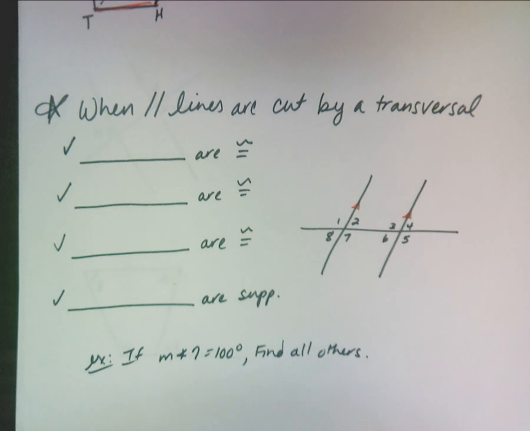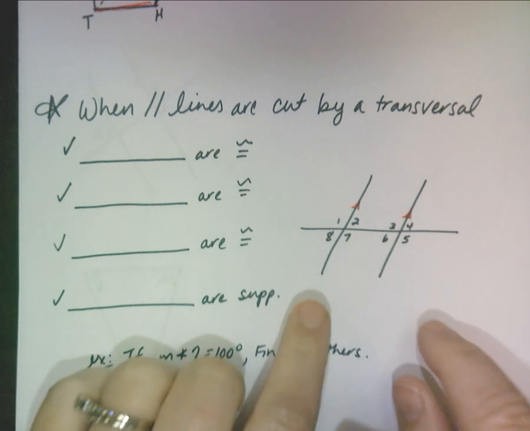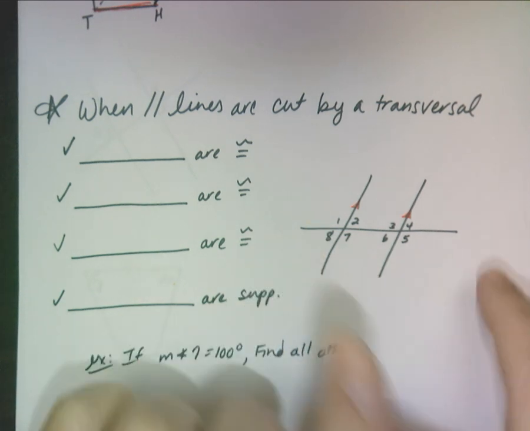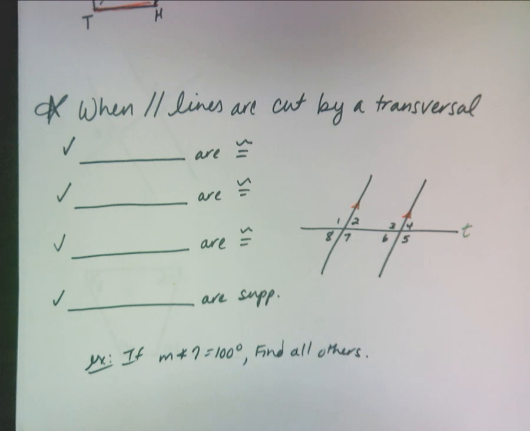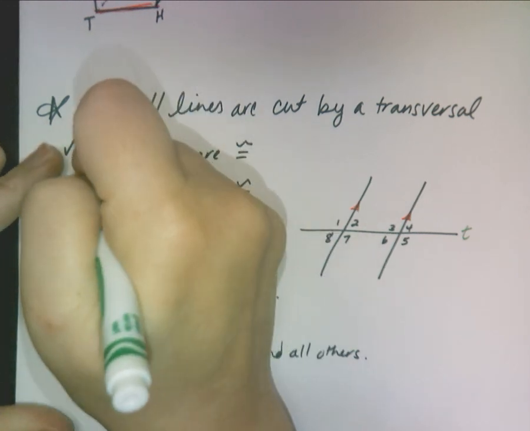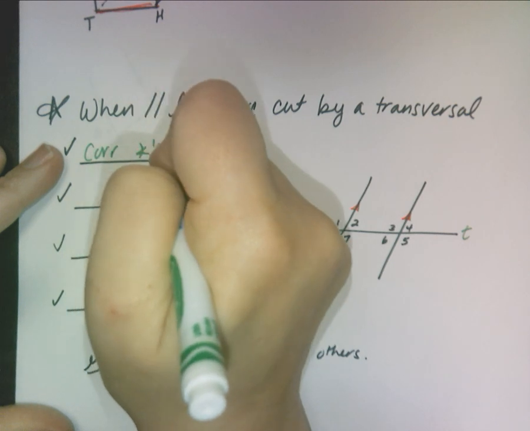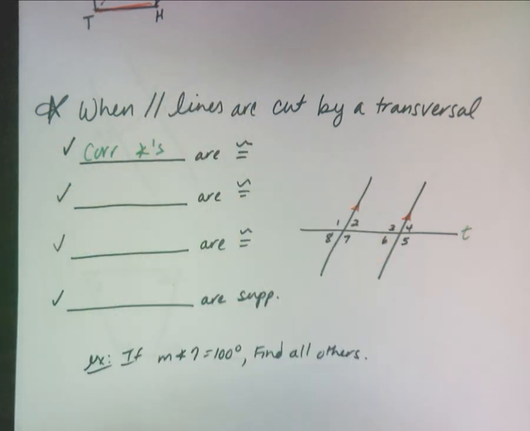This is the big stuff they like to ask. When two parallel lines are cut by a transversal, so here's my transversal T, the corresponding angles become congruent.